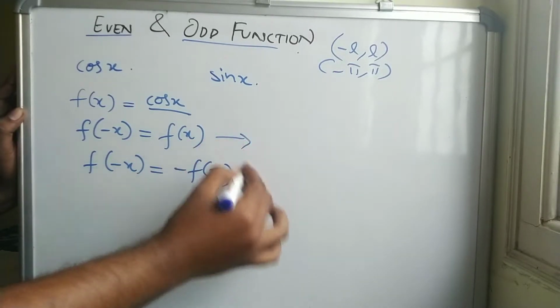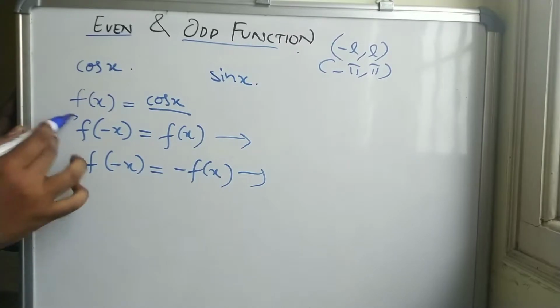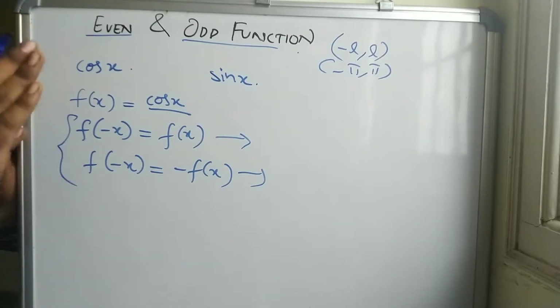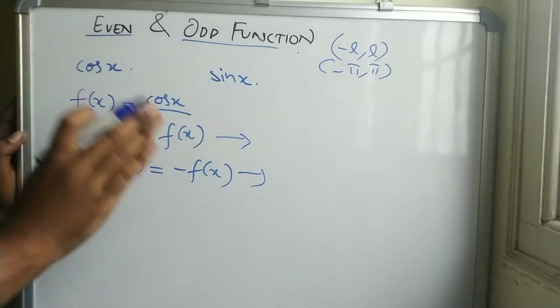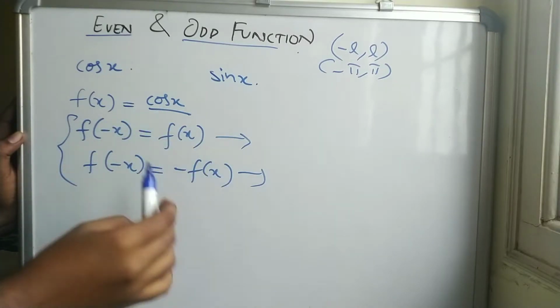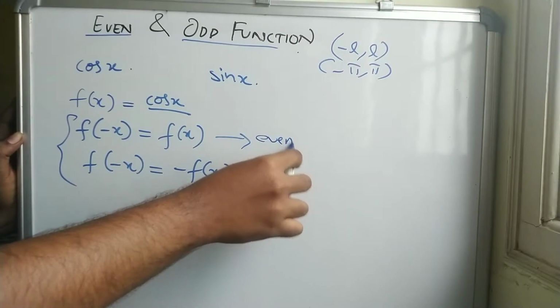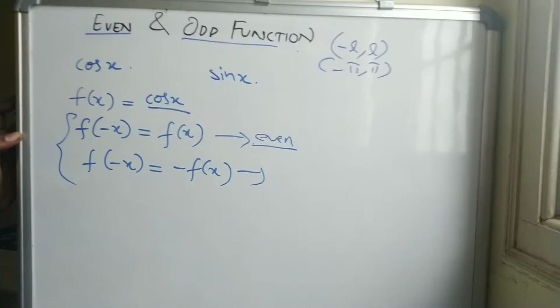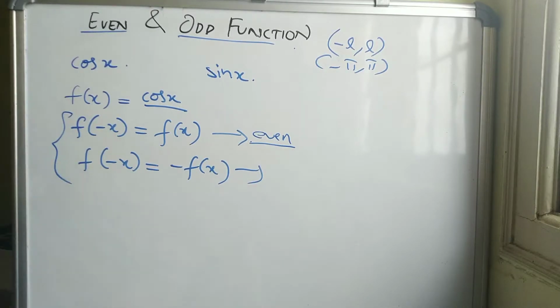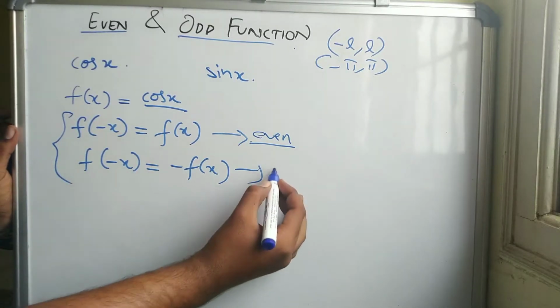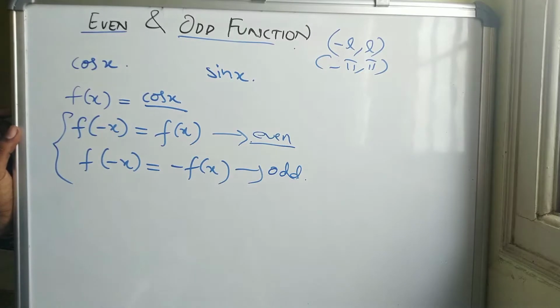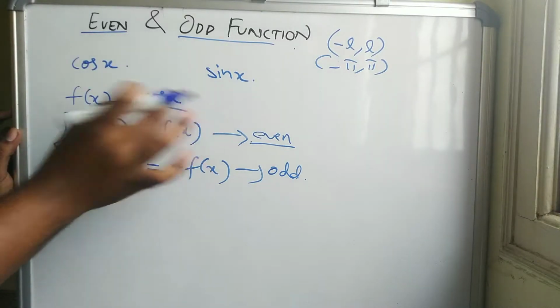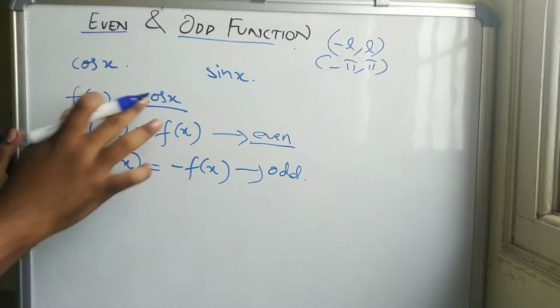So two cases are there. If f of minus x equals f of x, then that function is said to be even. And if f of minus x equals minus f of x, then that is an odd function.